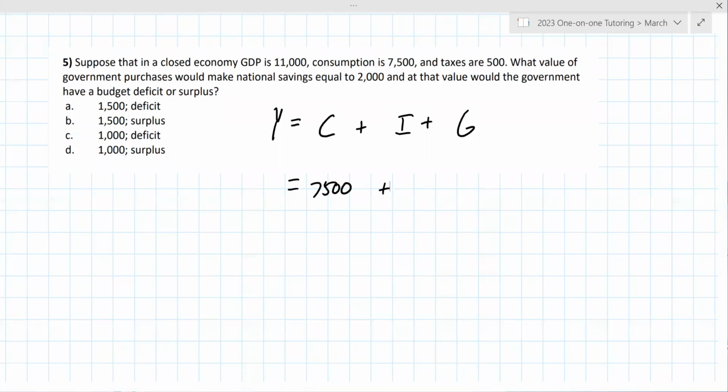We've got the C plus I plus G, but then we also have T minus C plus TR. We added T into one of these equations with transfer payments, but budget deficit or surplus.